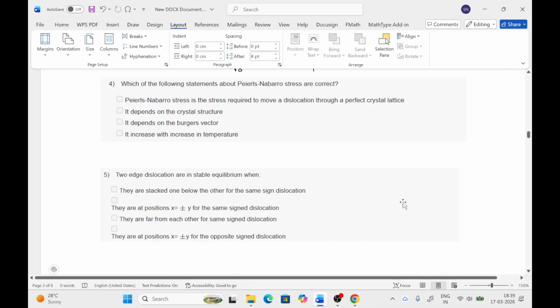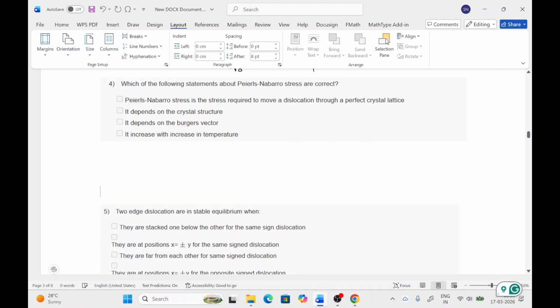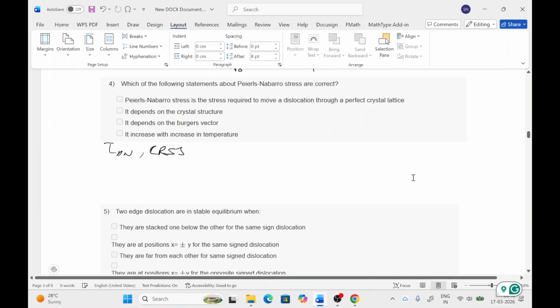It says, which of the following statements about Peierls-Nabarro stress are correct? So there is a relation between the CRSS and the Peierls-Nabarro stress. Peierls-Nabarro (PN) stress and the CRSS both represent the same quantity, meaning the minimum stress required to move a dislocation through a perfect lattice.